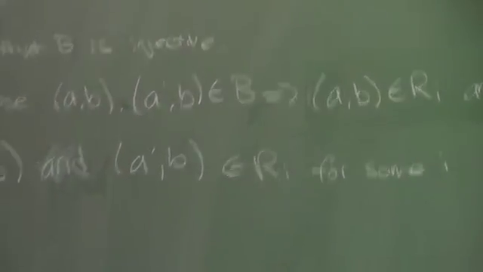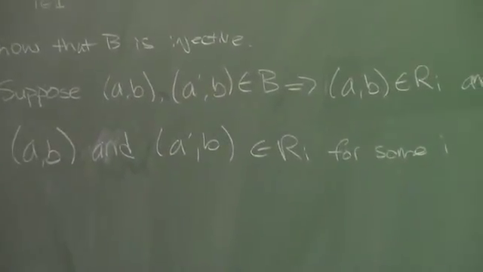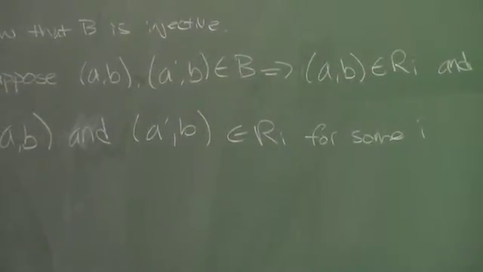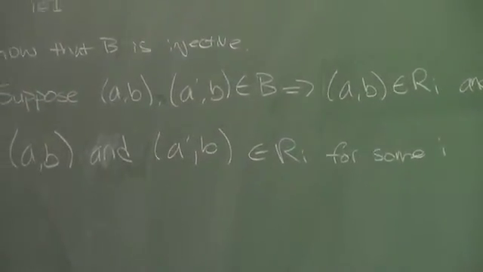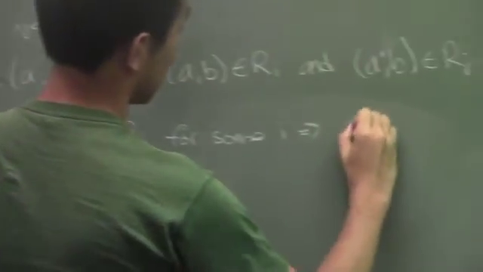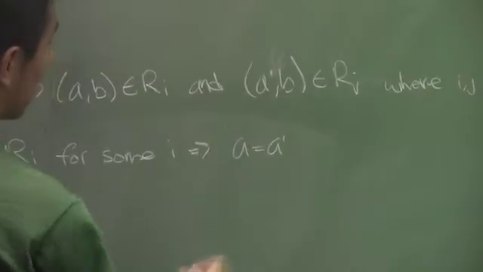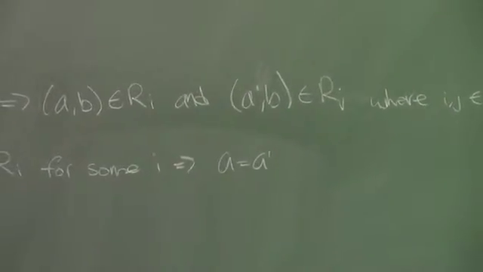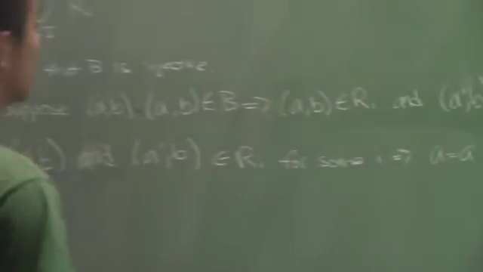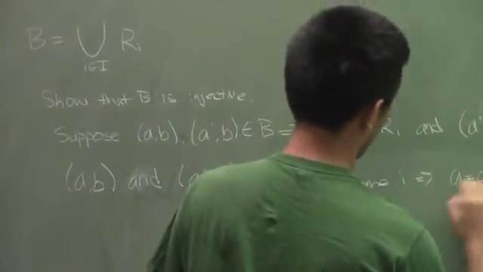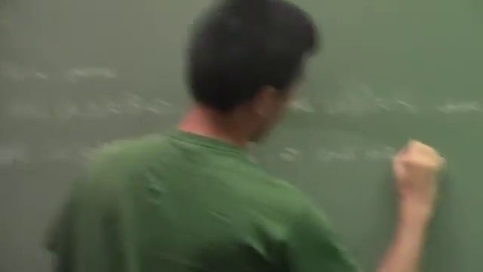If you compare Ri and Rj, then Ri is now the bigger one, right? So that implies a is a prime, because Ri was injective. So that means B is injective, right? So you just write that underneath: B is injective.